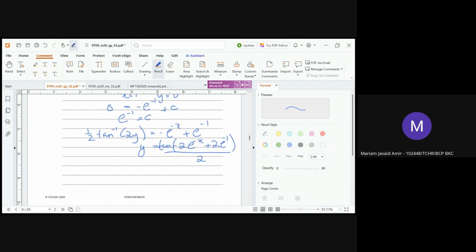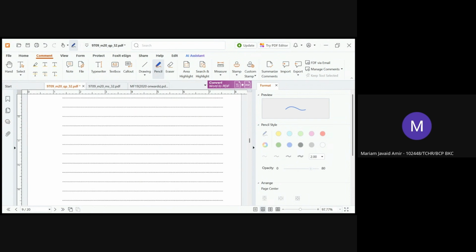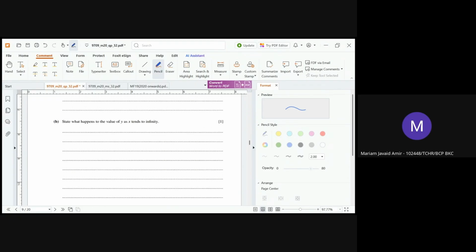Okay, next question. State what happens to y as x tends to infinity. Okay, so we have y equals half tan of (negative 2 e power negative x plus 2 e power negative 1).